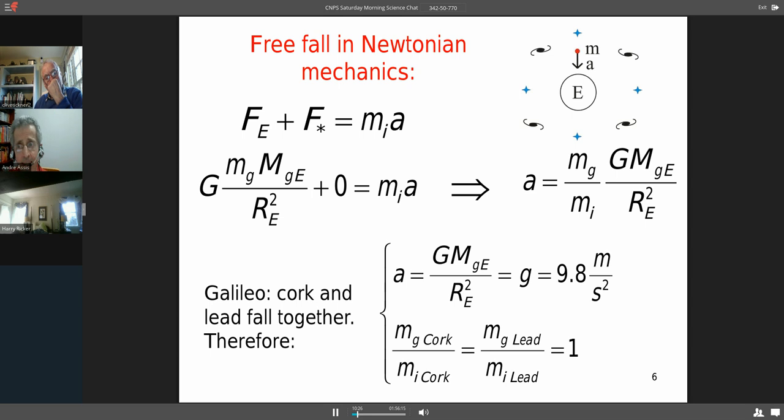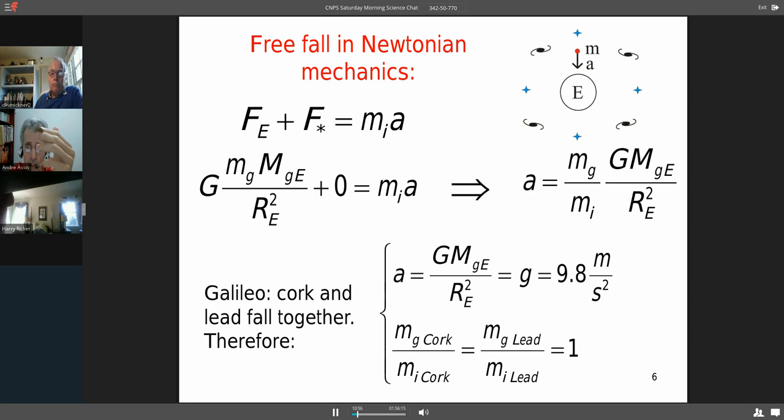But this is not trivial, not at all. For instance, here in my hand, I have a cork and a metallic coin. The coin is heavy, the cork is light. They have different sizes, different shapes, and mainly they have different chemical constitutions. One is organic, the other is metal. So everything is different.